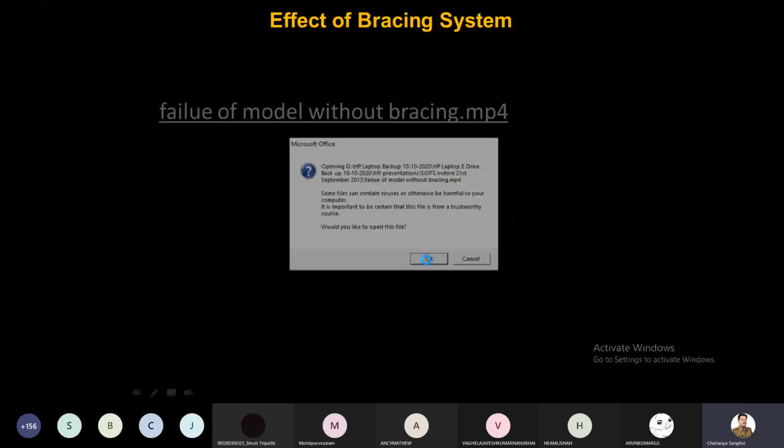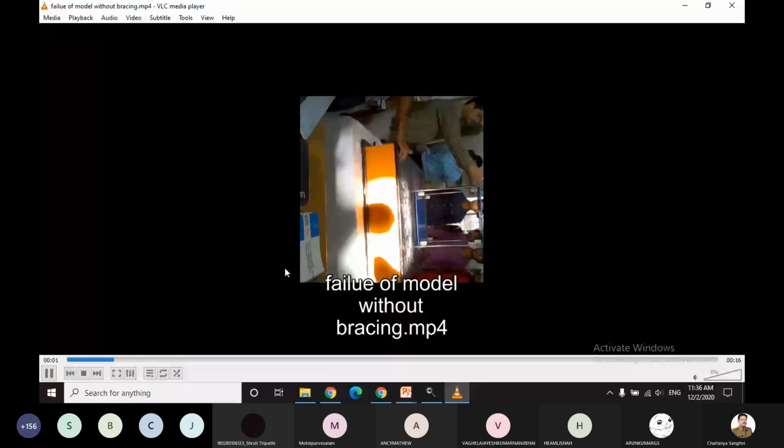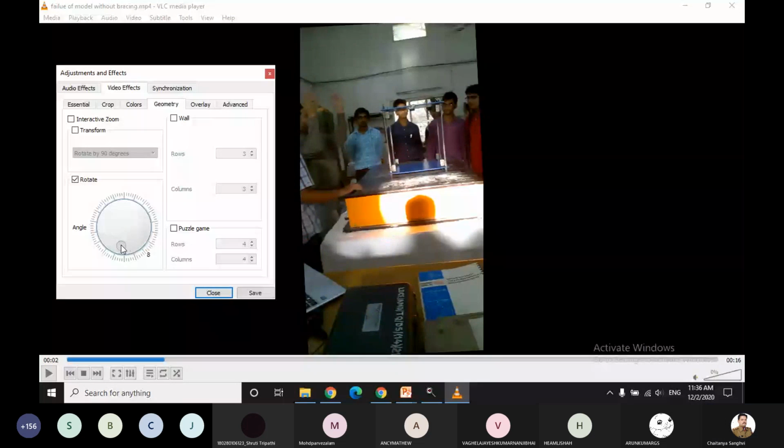This is also important. You can see the behavior, right? This is a very simple model. Bare frame we are testing.